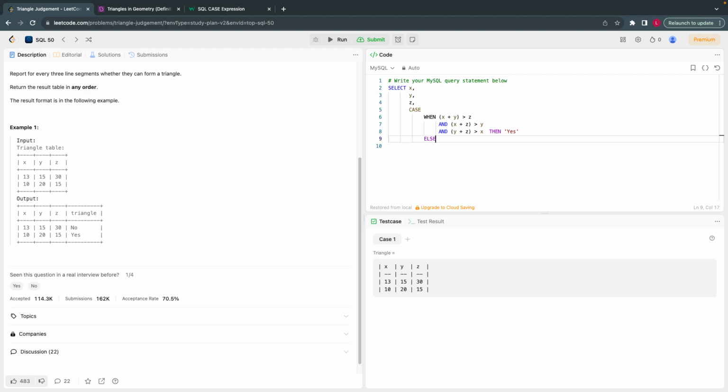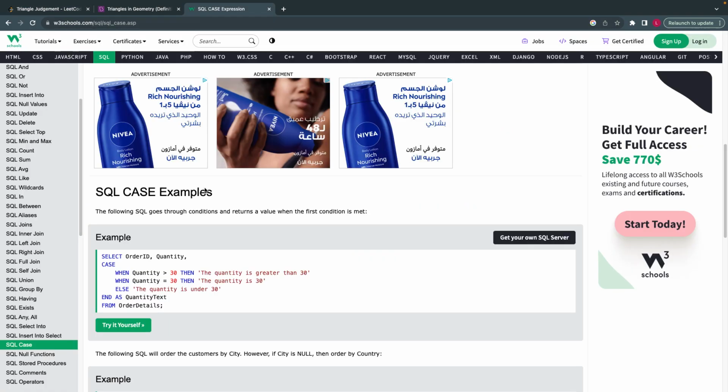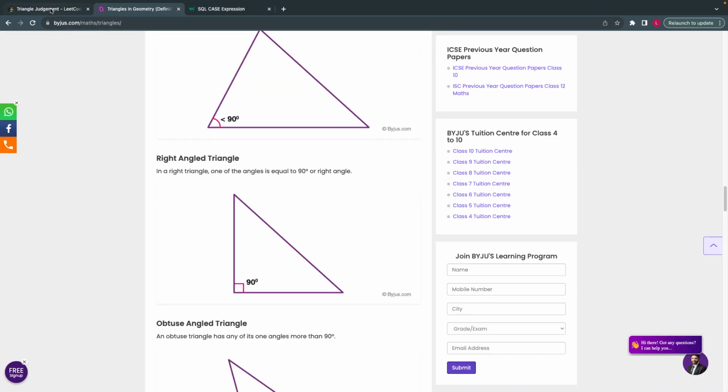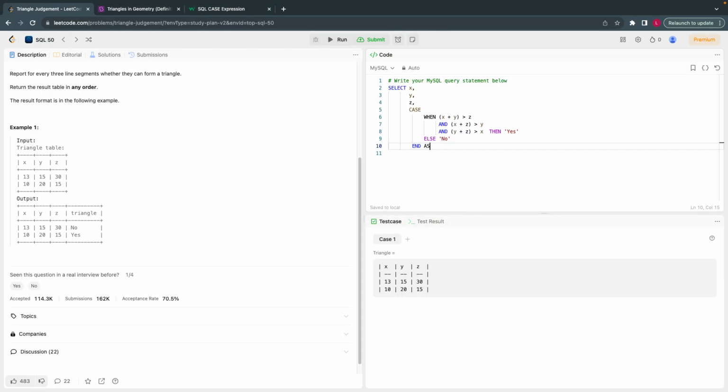Else I'll pass 'No'. And then if you see the syntax, we also have to end. You will see end as. Let's write end as. They're asking us to write it as triangle.